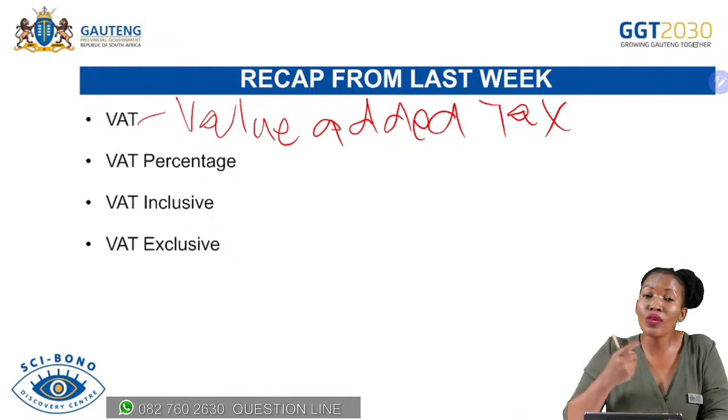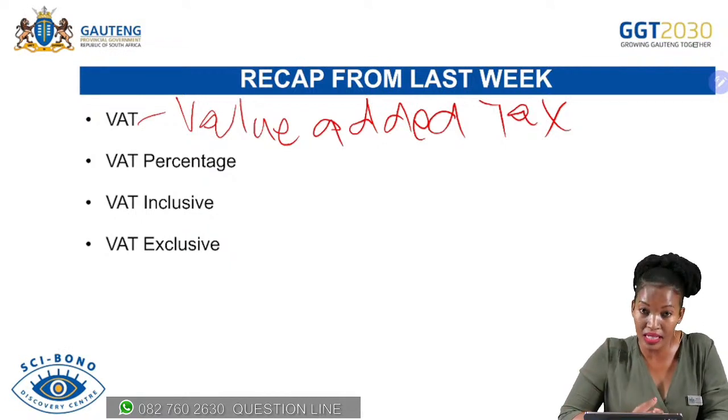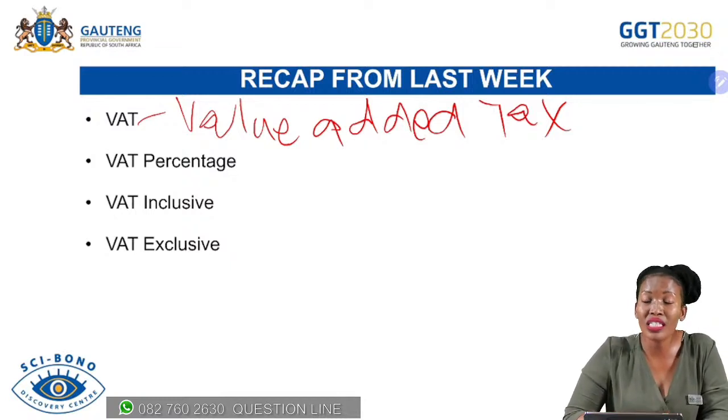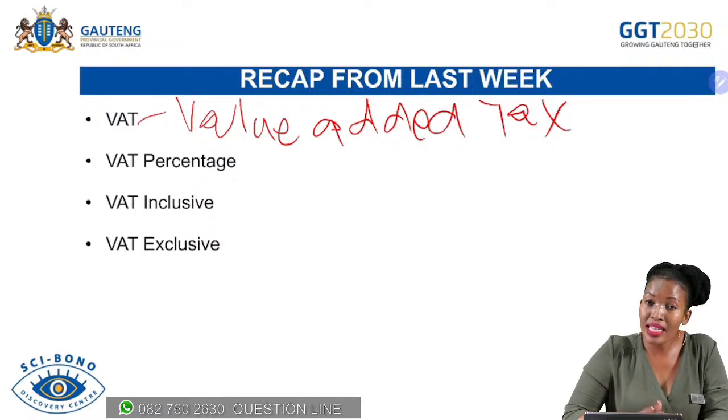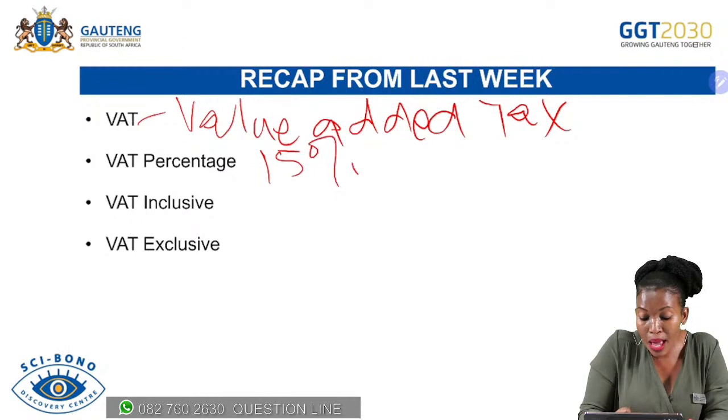So if they want you to explain it, you will say that VAT is the tax that is charged on the goods and services. So if you are going to purchase any goods, the extra money, the extra percentage that they charge on those goods, it is actually your VAT. And then the other thing that you must know is that VAT in South Africa is calculated at 15%.